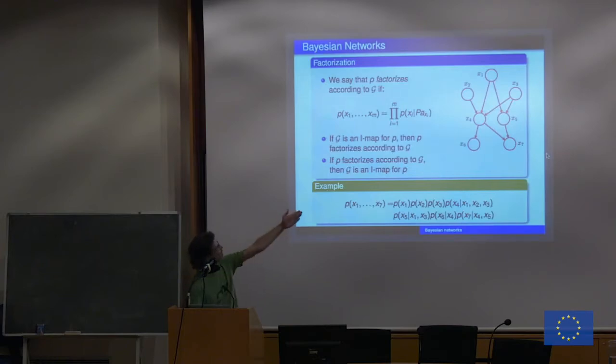So for instance, here you have that P of x1 to x7 is, starting from, let's say, the top part, P of x1, which has no parents, P of x2, P of x3, P of x4 given x1, x2, x3, P of x5 given x1, x3, P of x6 given x4, P of x7 given x4 and x5.